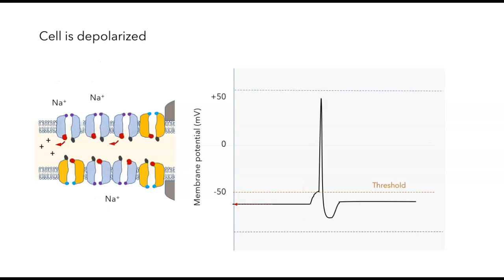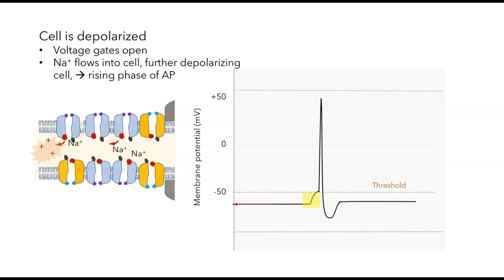Now, what happens if we depolarize the cell by injecting current or by having the cell get more positive? Well, under those circumstances, positive ions will flow into the cell and the voltage gates open. When the voltage gates open, that allows sodium to move into the cells, which can open even more voltage-gated ion channels, and that can lead then to the rising phase of the action potential.